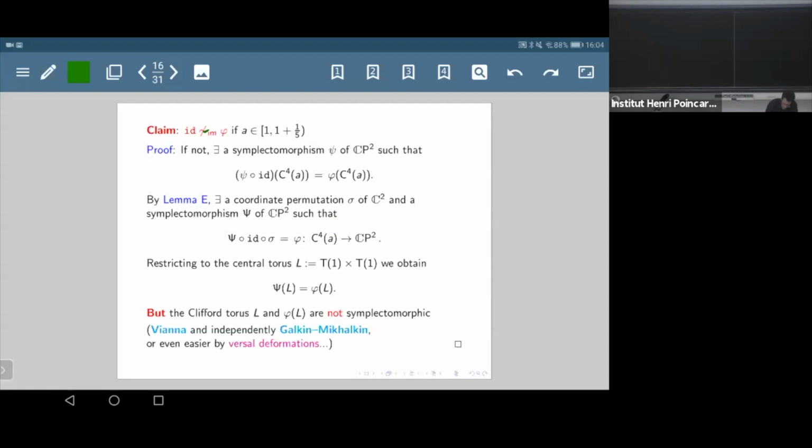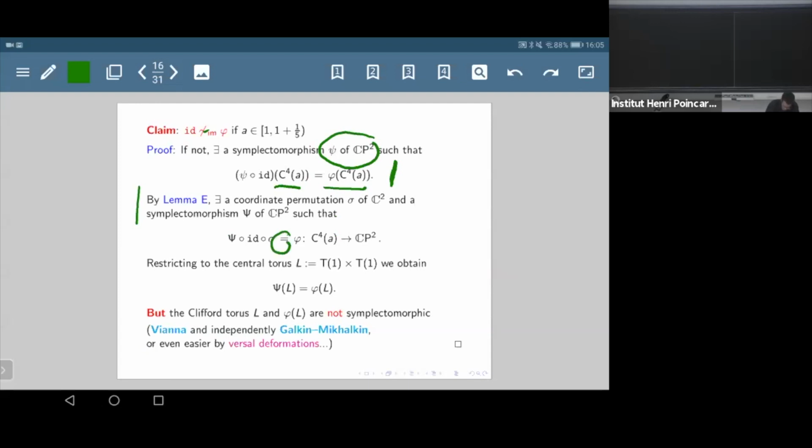Assume we do have a symplectomorphism of the projective plane that maps the first standard embedding to the new embedding as a set. Okay? So using Yasha's lemma, I know that I found not only a relation between sets, but a relation between maps.